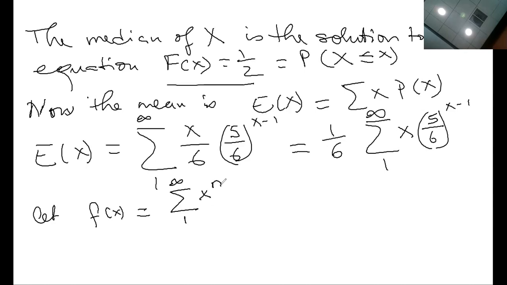Think about this expression. Then what is f prime of x? We did this last time. It is n times x to the n minus 1, summed from 1 to infinity.